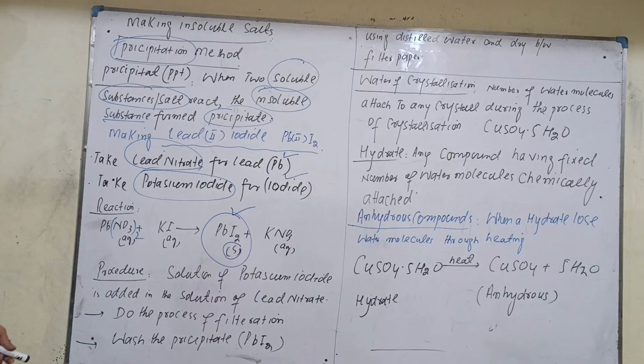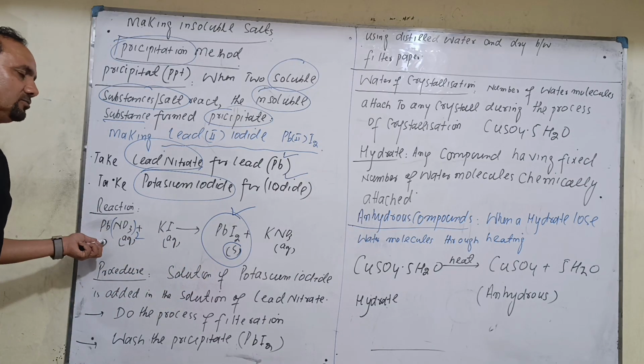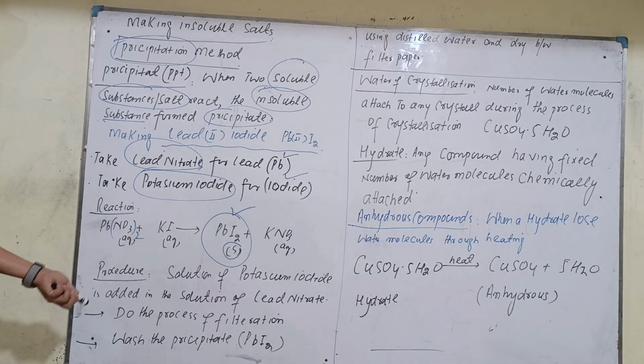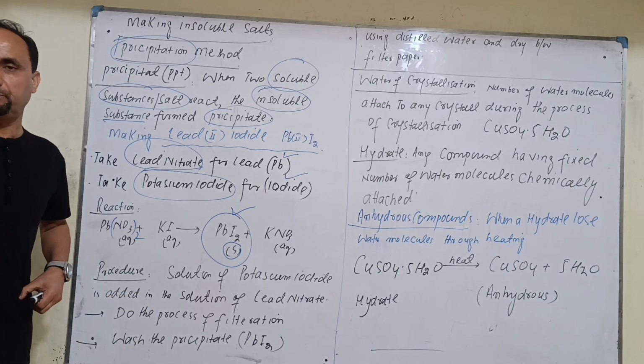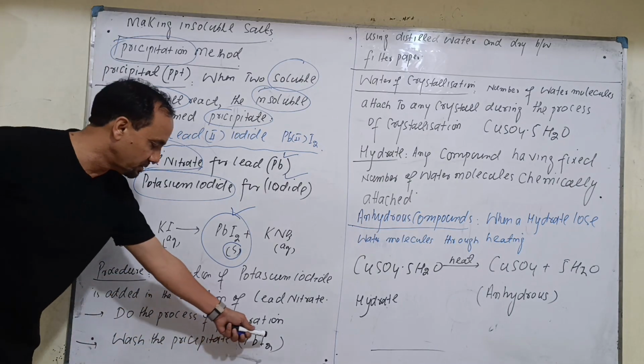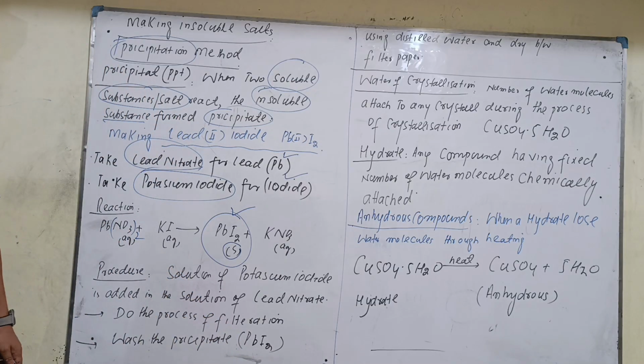Now how to write the procedure? Add the solution of potassium iodide to the solution of lead nitrate in a beaker. Just swirl or stir for some time. The reaction will happen. You will clearly see a precipitate, and that precipitate is lead iodide.